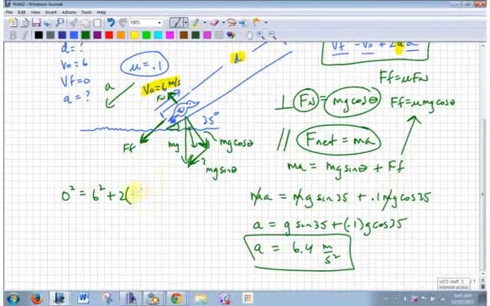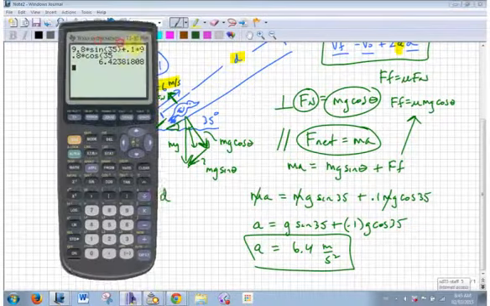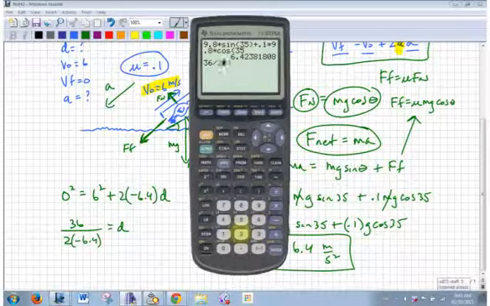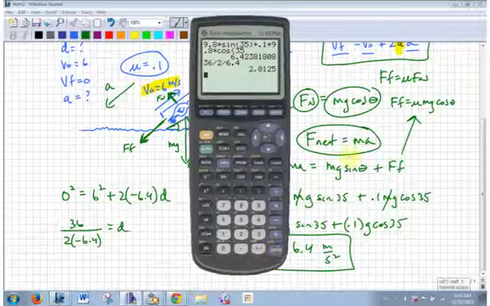You have to put the sign in here. Okay, so 36 over 2 times negative 6.4 will give me how far he goes up the slide. That's 18. And 2.8.